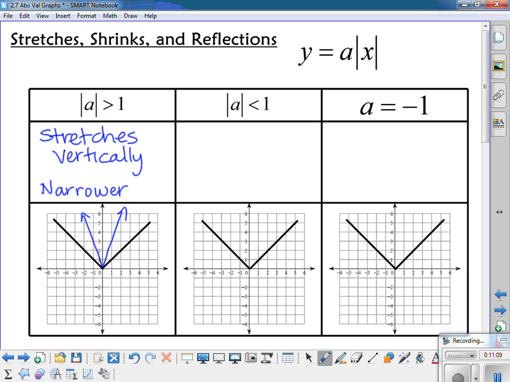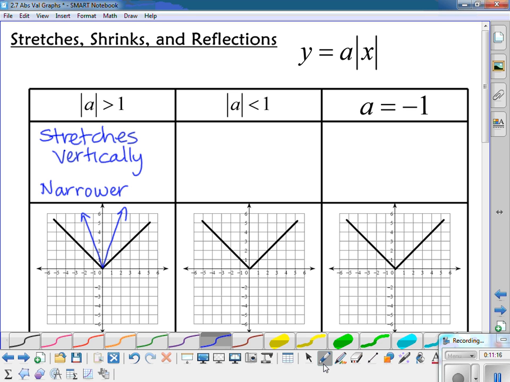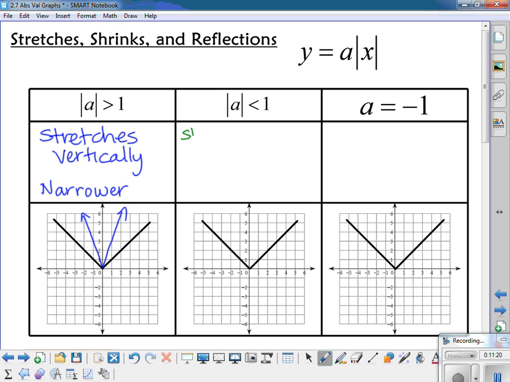And if the absolute value of A is less than 1, so say it's 1/2 or 1/3, a fraction that's less than 1, then it shrinks it vertically. And the net effect of that is that it ends up being wider.